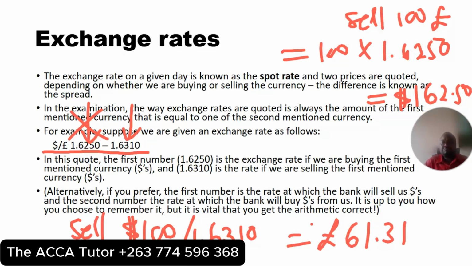Okay, but if we had used the lower rate, just out of interest, if we had used the lower rate, we are going to have 100 over 1.6250, and you see that we were going to lose a lot of money.